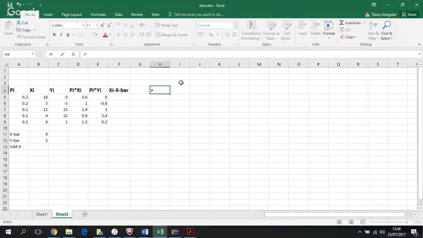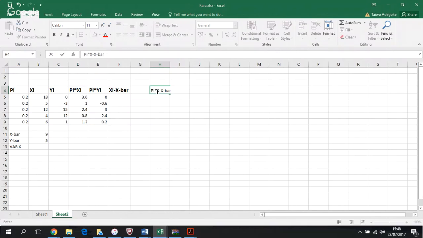It's not like we have different probabilities, right? Right. No, I get that. This 0.2 is for X and Y, right? Yeah. So the formula for the covariance will be Pi multiplied by Xi minus X bar.